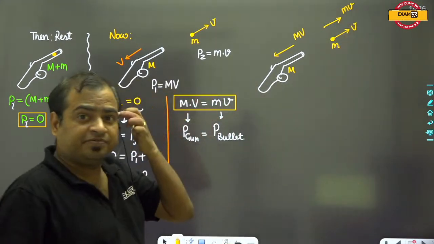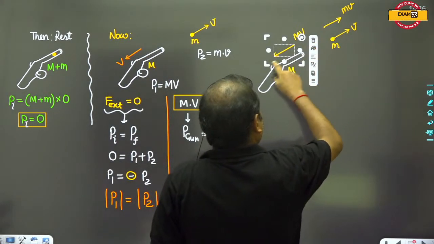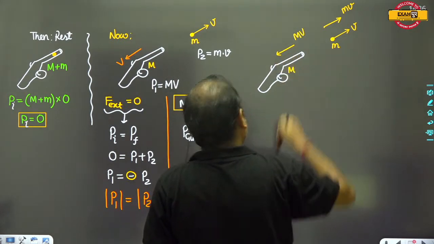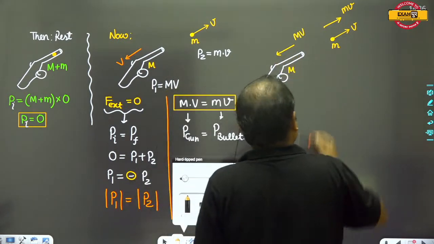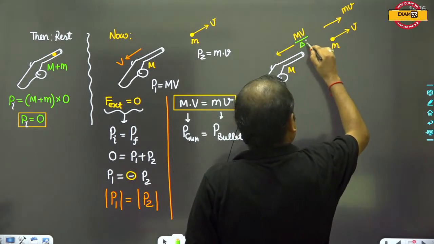Suppose we divide both of these quantities by delta t.